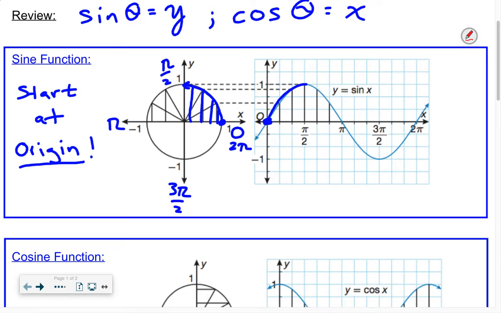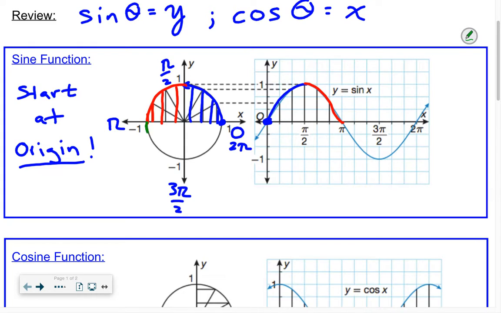Now as we go from pi over 2 to pi, now what's happening to our y value? It's decreasing, right? Here it was really tall, okay? Here it's getting smaller, and eventually it's back down to 0, right? So from pi over 2 to pi, we're dropping all the way down to 0.